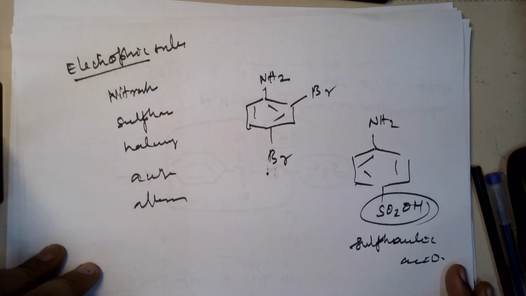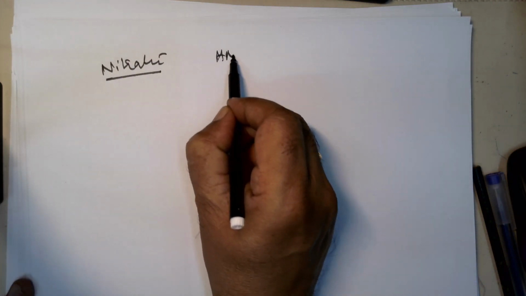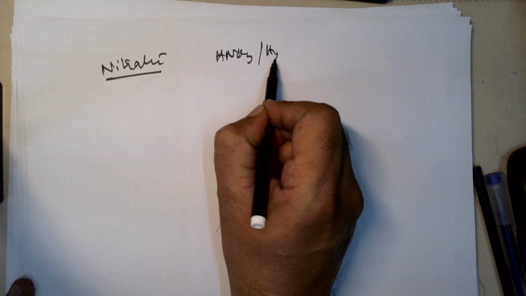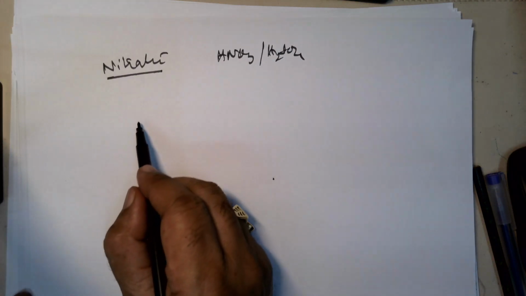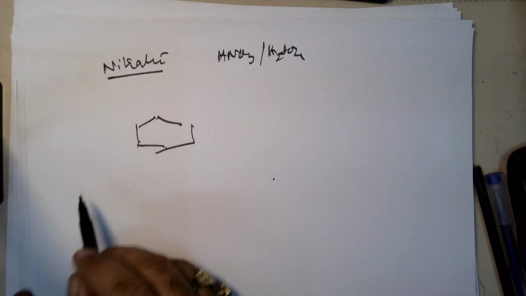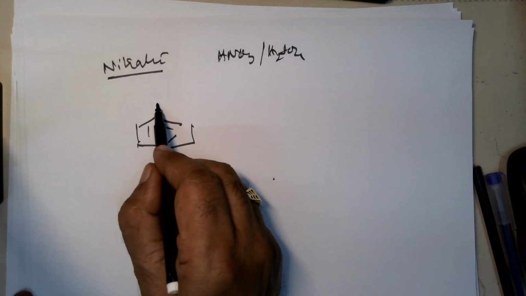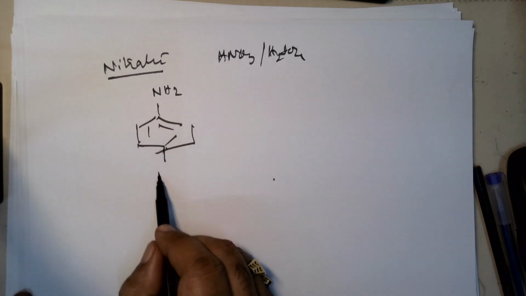And it can form on nitration. Usually nitration is done by nitration mixture, concentrated HNO3 and H2SO4. So it can form para and meta products also. Ortho, para, meta, this is NH2, and NO2.